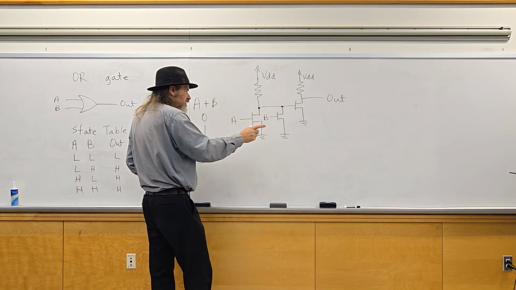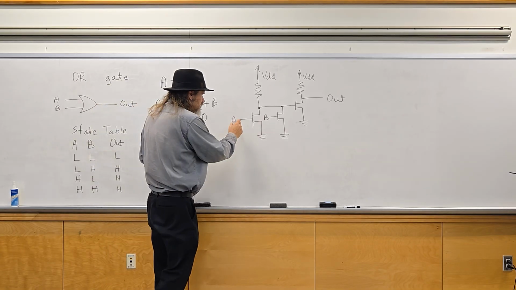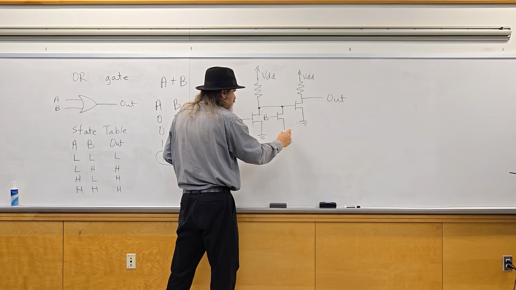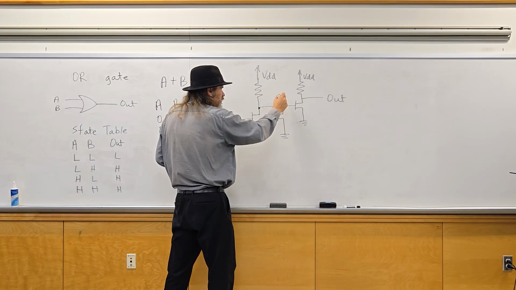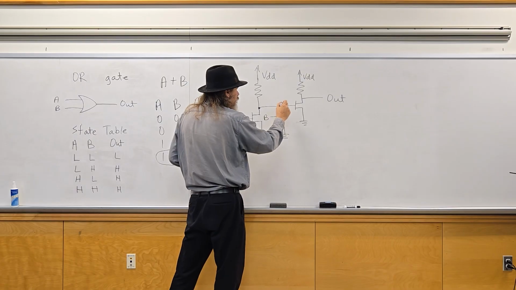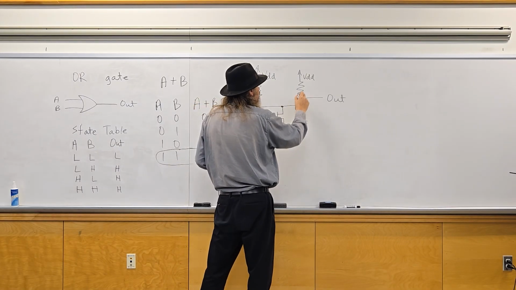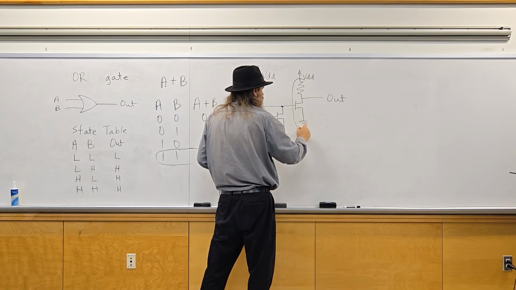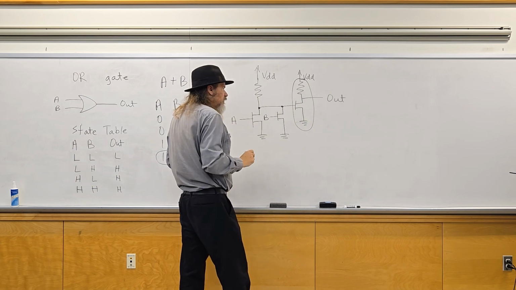So if any of these are high, if the A or B is high, then this is pulled to ground, either through the A transistor or the B transistor. This will be low here, and then this is the inverter, and this will be output to be high.